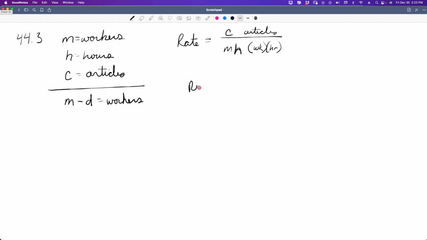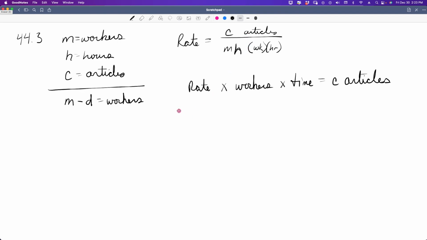So we would have to take the rate that we've already set, times the number of workers we have now to account for the decrease, times the amount of time it would take them to get the original C articles, the amount of articles that we had to start with. So we would just take this information and drop it in.